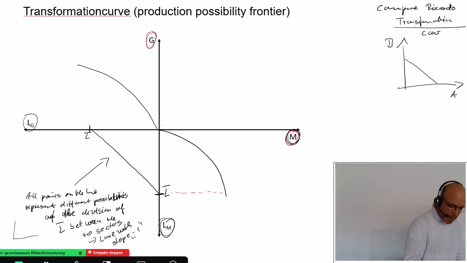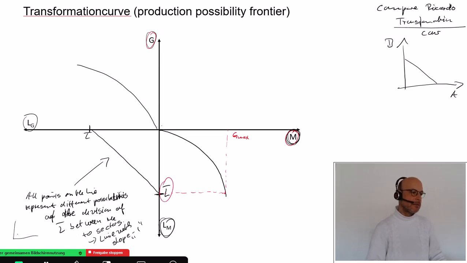So the maximum output of the industrial good, of the machinery, is just moving here to the right to the production function and then moving upward to the output. So this would be the maximum output which we can produce in our land, given the resource restriction of a labor amount of L bar.